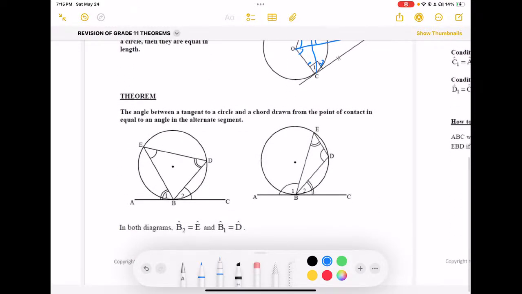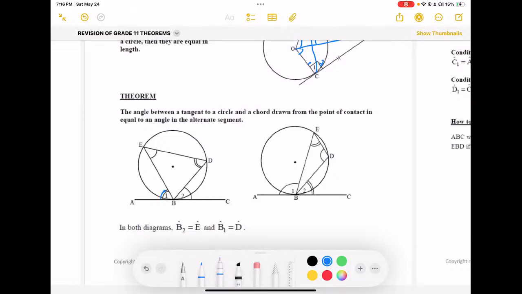And then we've got the tan chord theorem, right? The tan chord theorem is that the angle between the tangent to a circle and the chord drawn from the point of contact is equal to an angle in the alternate segment.